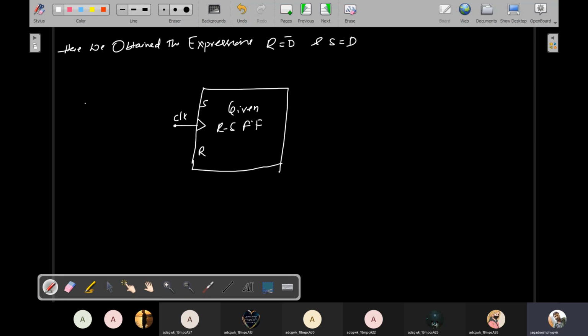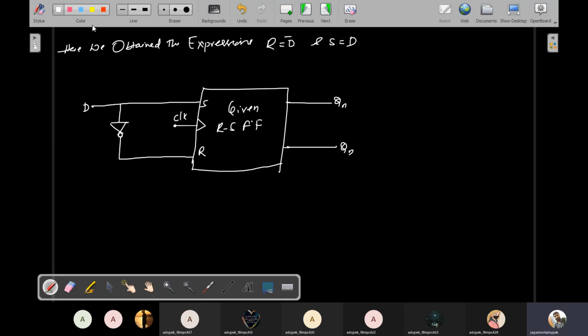There is only one input terminal, the D terminal, so D is directly connected to S, and you have to use one NOT gate to connect it to R. Finally you get Qn and Qn bar. If D is equal to 0, then R is connected to D bar, which means the complement. By using this truth table I designed this block diagram. S is equal to D means D is directly connected to S, so using the NOR gate function you can represent it.